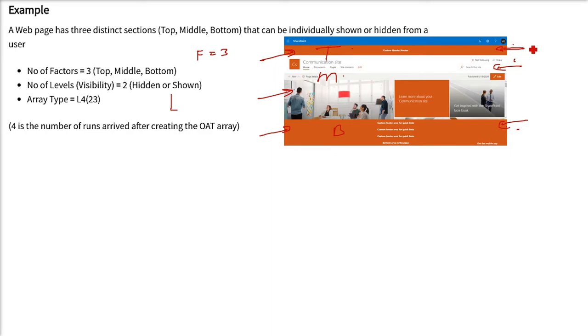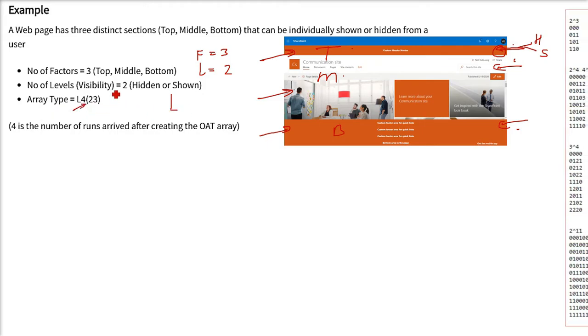Top, middle, bottom. These are the number of factors. Now the levels are hidden and shown. Top can be hidden and shown. Middle can be in hidden and shown state. And the bottom can also be in hidden and shown state. So the level is 2. Factor is 3. 1, 2, 3 factors. And 2 is the level.